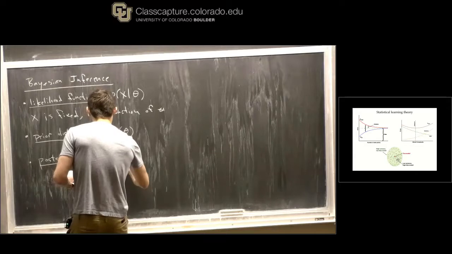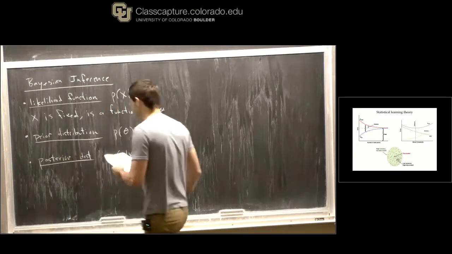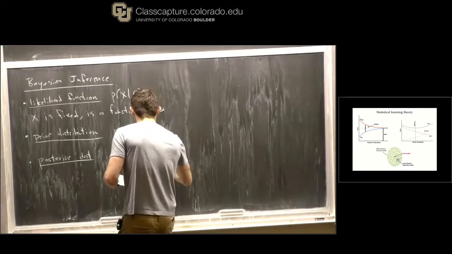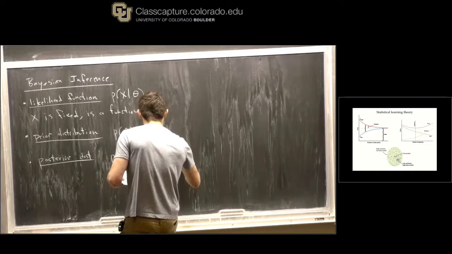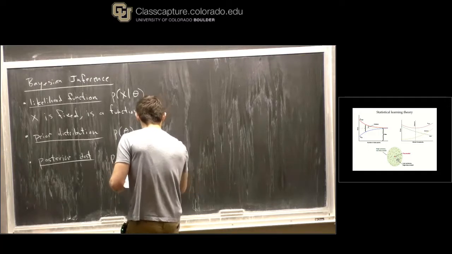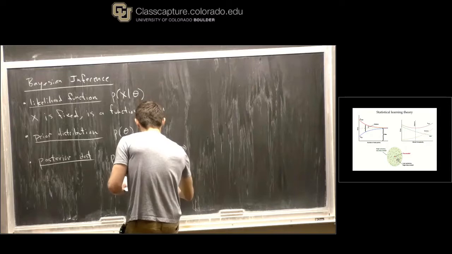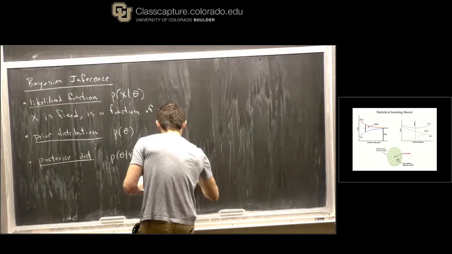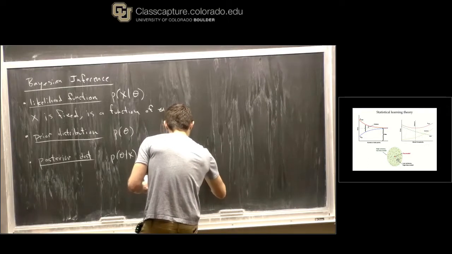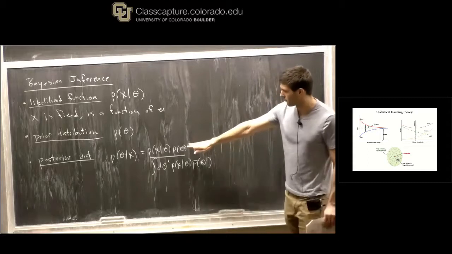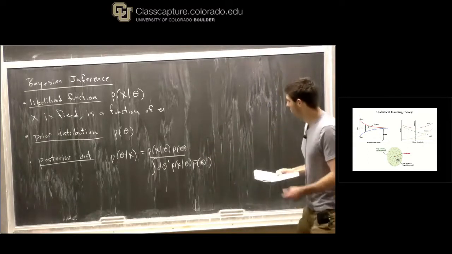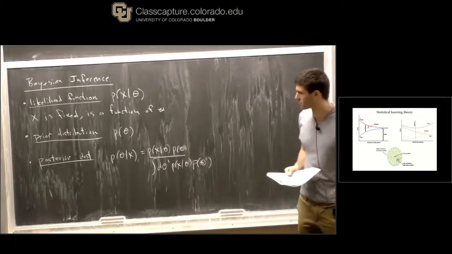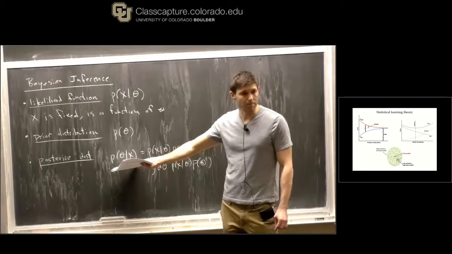You want the probability of your parameters given your data, and just from the basic rules of probability, that can be written in this way. Okay. So I didn't do anything here except just use the rules of probability, and this is the quantity that we care about.